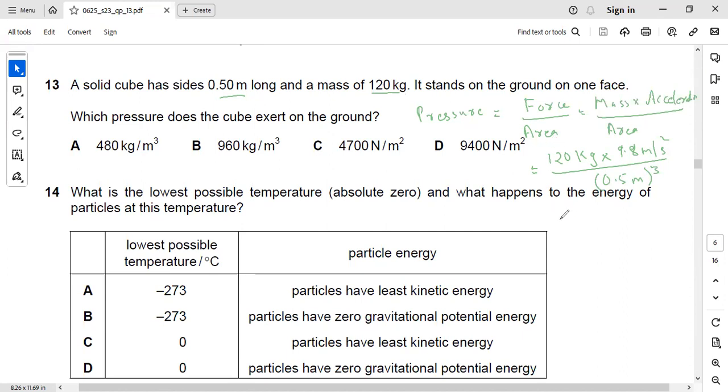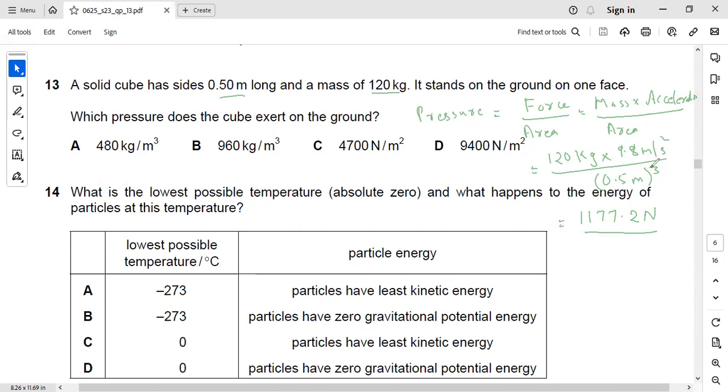So when you're solving this, if you're multiplying these two, you'll be getting the answer 1177.2 Newton. This is the unit of force, you can write it as Newton divided by 0.5.